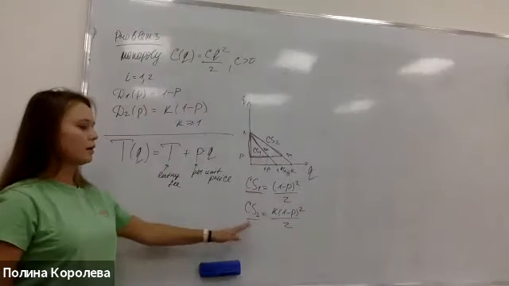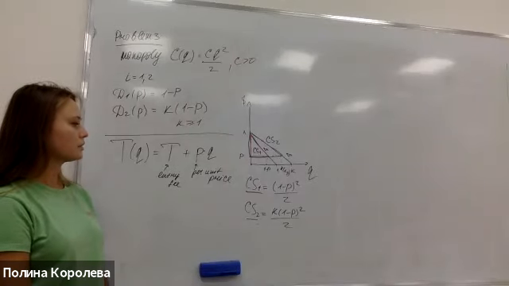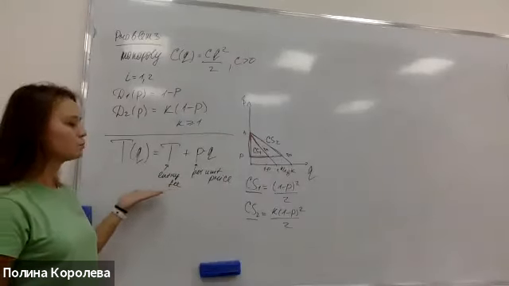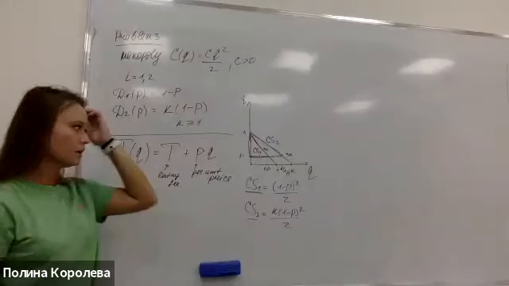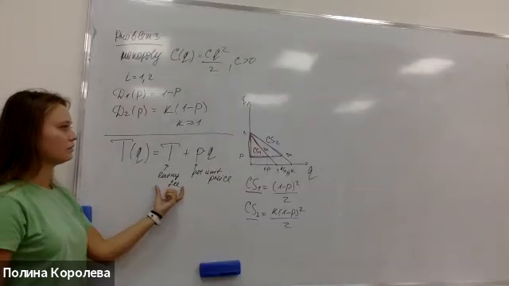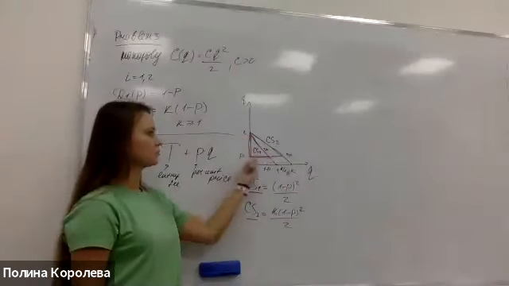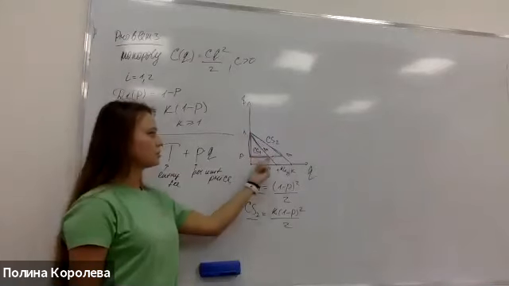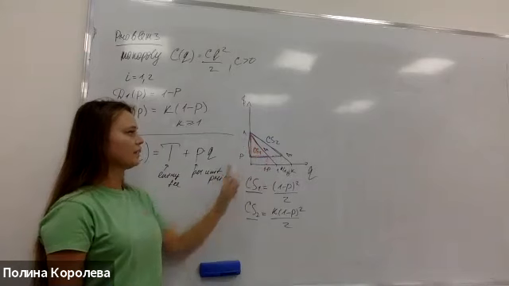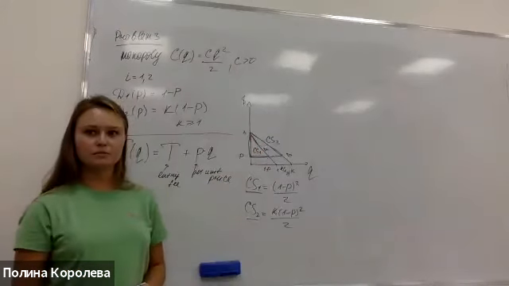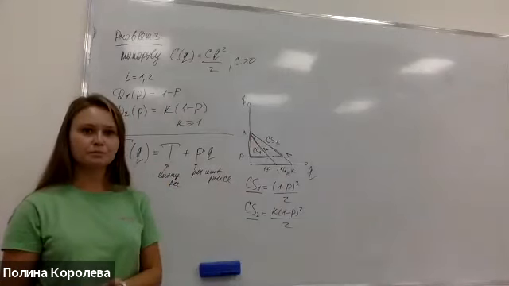So, why did we count it? We counted it because we have a two-part tariff and we have an entry fee, and we have two options. To set the entry fee as the consumer surplus of the first consumer, the red one. In such a situation, if our entry fee is not so big, how many consumers will buy from us? 1 or 2? Both or only one consumer?